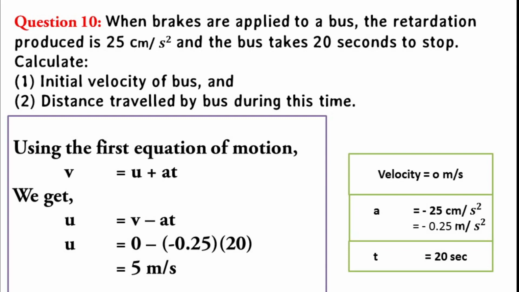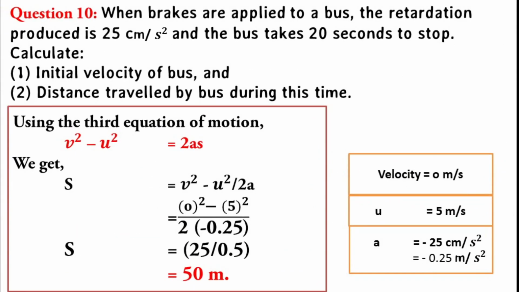Now the second part, distance travelled by the bus. We know the given values. V is equal to 0 meter per second. U is equal to 5 meter per second. We have already found it out. Acceleration is equal to minus 0.25 meter per second square. Let us take the third equation of motion.